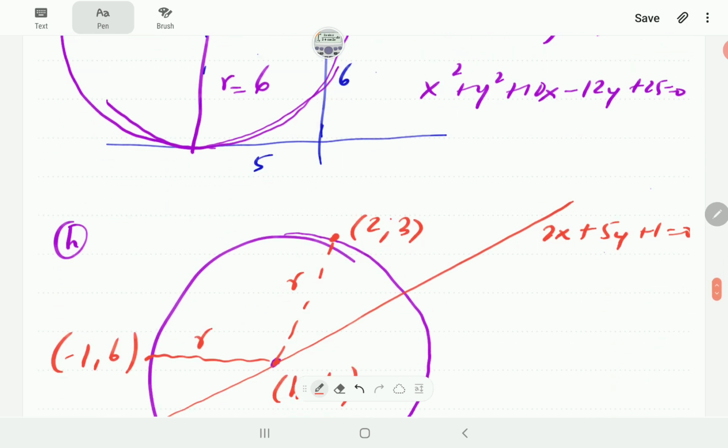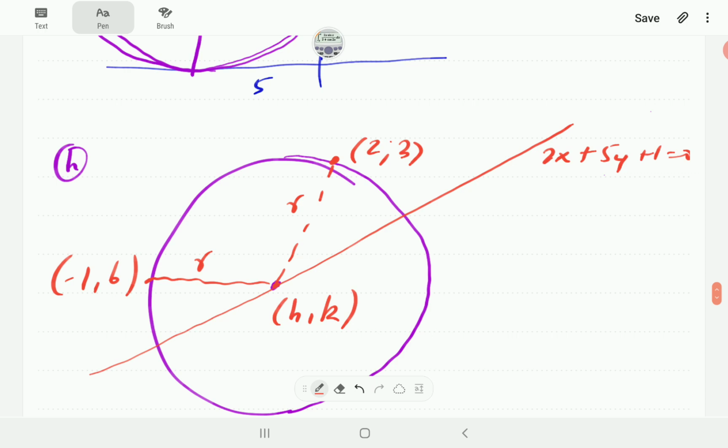In H, we're looking for a circle whose center is located along the line 2x plus 5y plus 1 equal to 0. So h, k is there. Then we know that it goes through 2, 3. So the distance from h, k to 2, 3 is r, same as the distance from h, k to -1, 6.